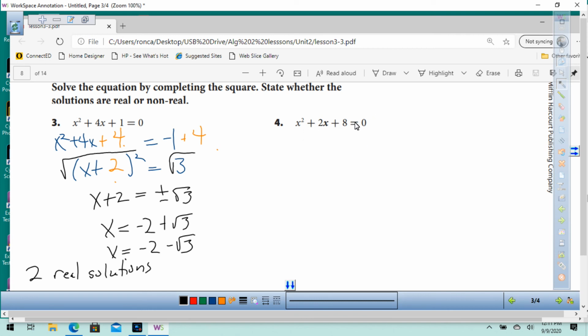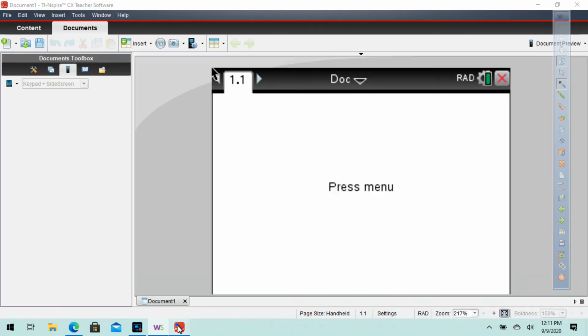So we got x squared. We're going to subtract 8 from both sides, and we got x squared plus 2x equals negative 8.